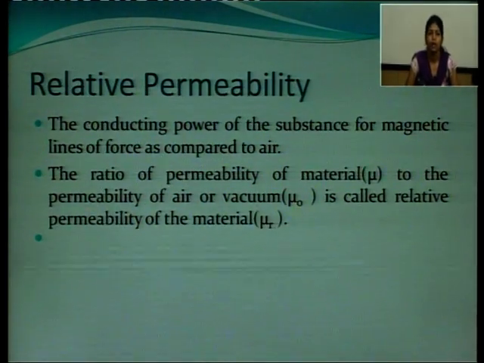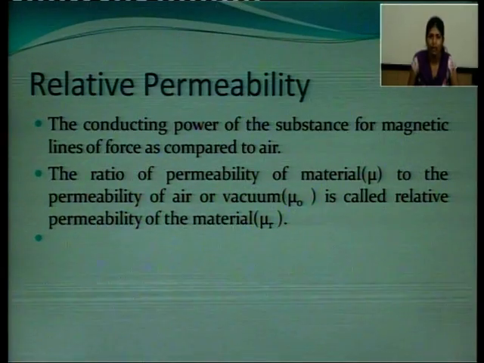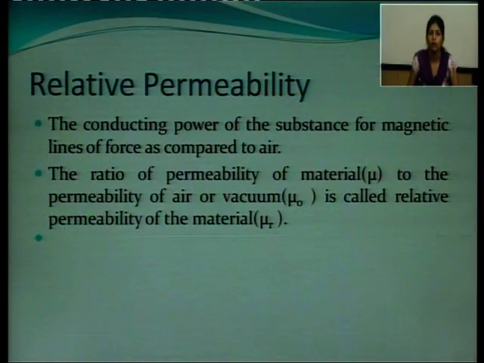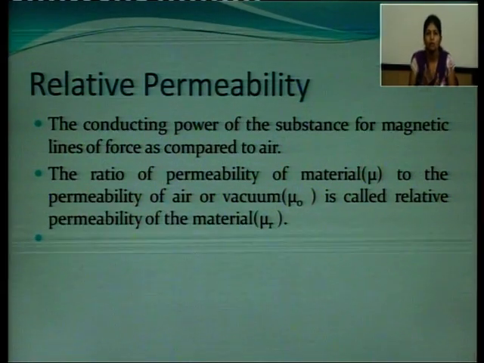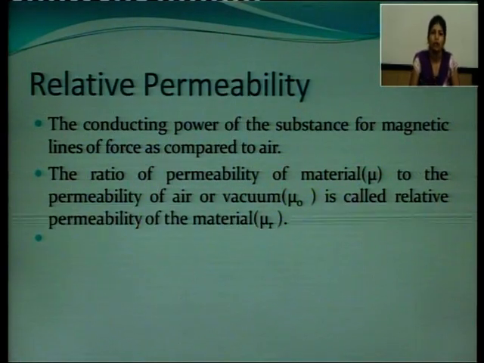The next is relative permeability. It can be defined as the conducting power of the substance for magnetic lines of force as compared to the air. So if we compare the conducting power of any substance with respect to the air, then that is known as relative permeability of that material.